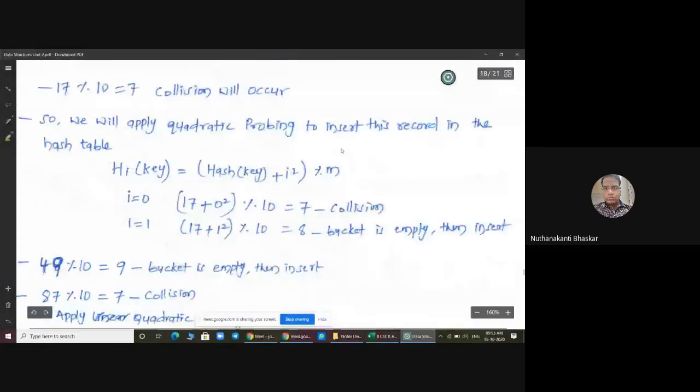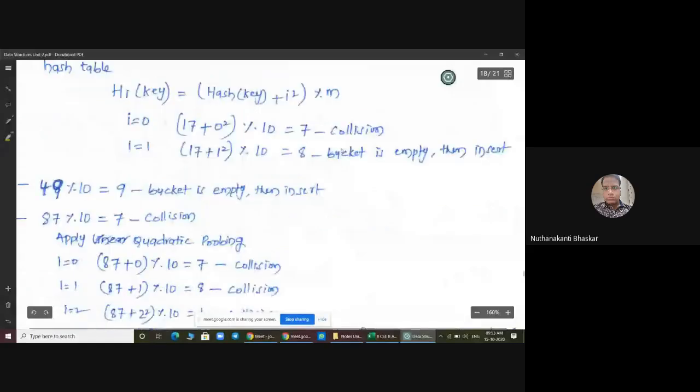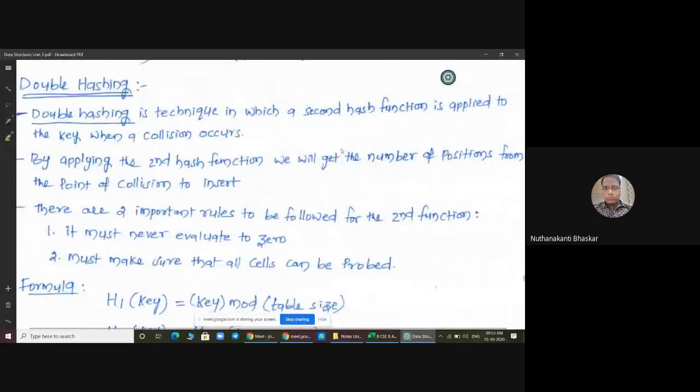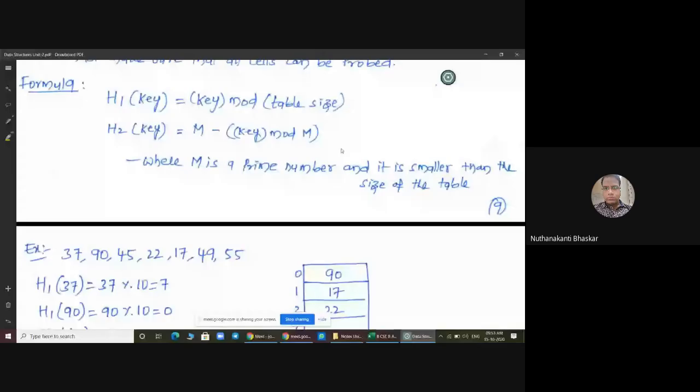One more method we discussed in the last class is double hashing. Double hashing is a mechanism that contains two hash functions. Here we first use a function like the division method. If any collision occurs with this first hash function, which is the division method, then we use the second hash function.